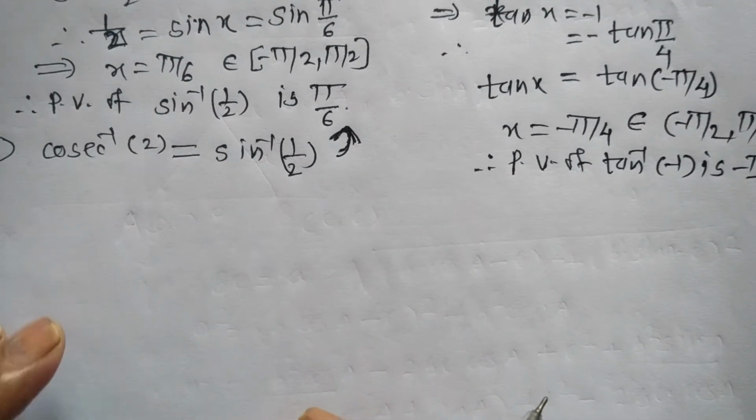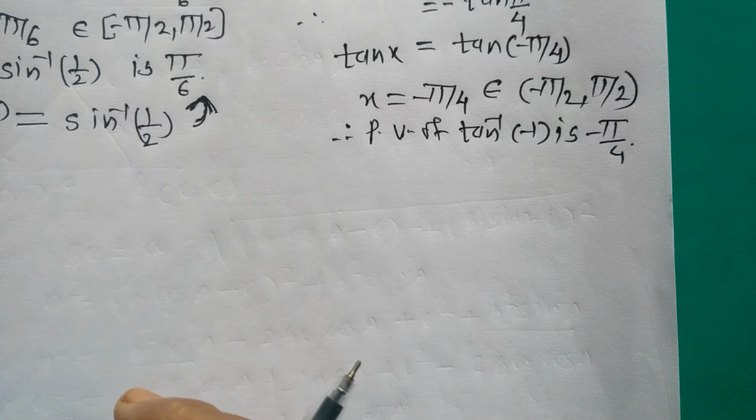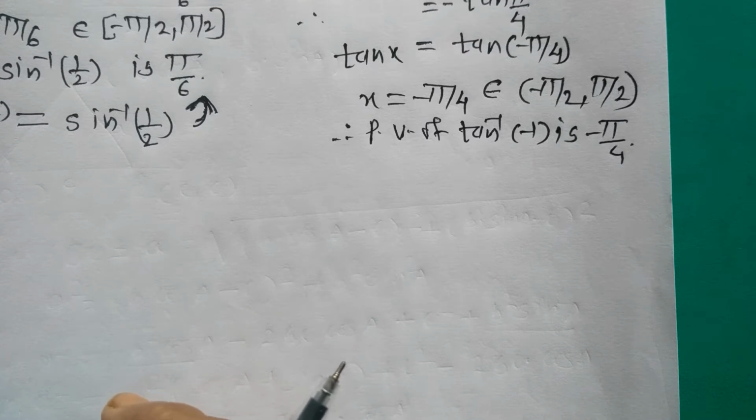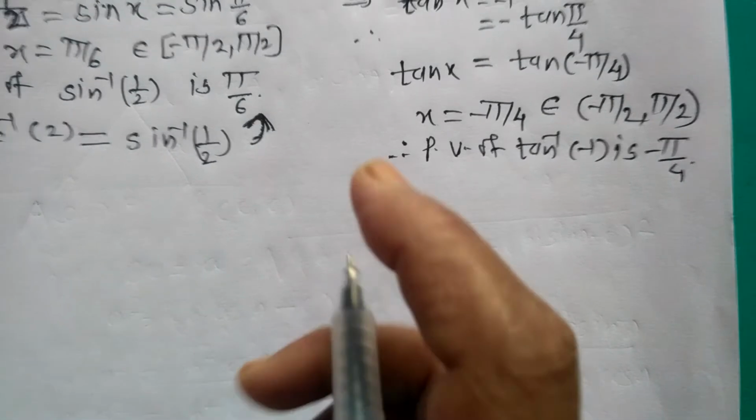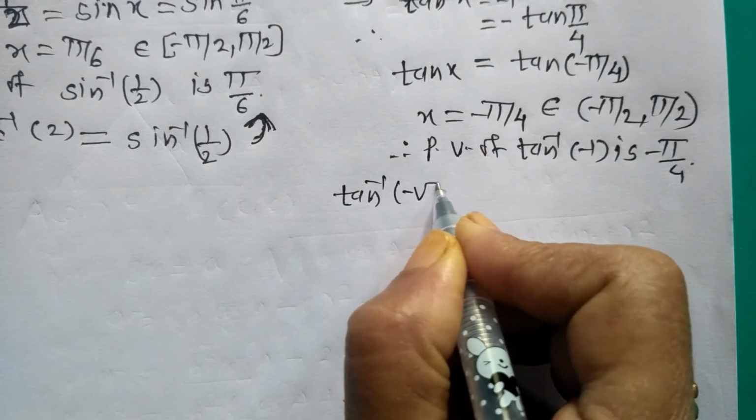By using this concept, the solution gives the value minus pi by 4. Next question in your textbook is sine inverse 1 by root 2. The next question is similar, tan inverse of minus root 3.